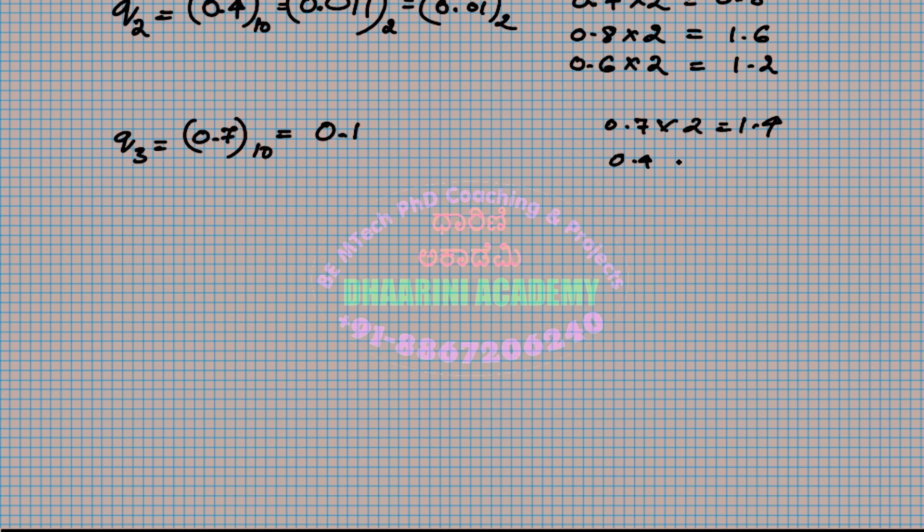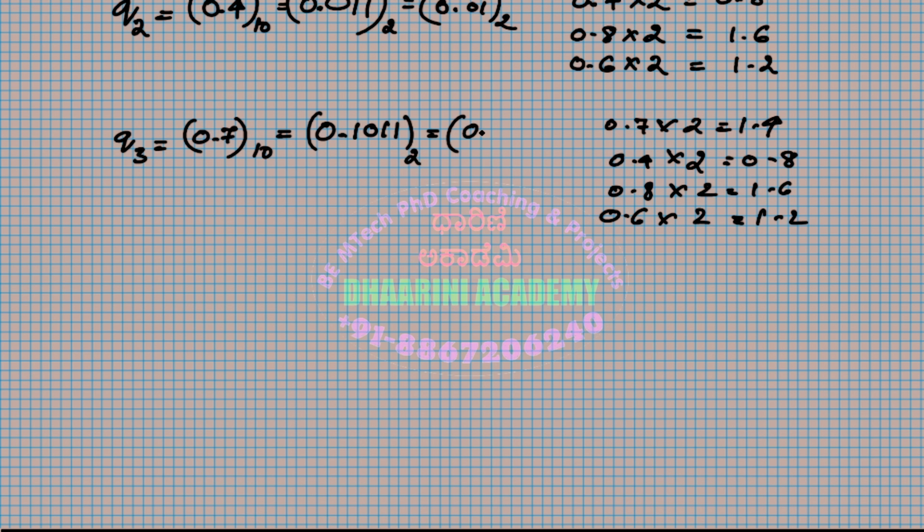Then 0.4, remove the 1 and write the remaining part. 0.4 into 2 is 0.8, so a 0 goes to the next position. Then 0.8 into 2 is 1.6, so 1 goes over there. 0.6 into 2 is 1.2, so 1 goes there. I can expand this further, but I don't need all of them because my length required is only 3. So 0.101 to the base 2 is sufficient.